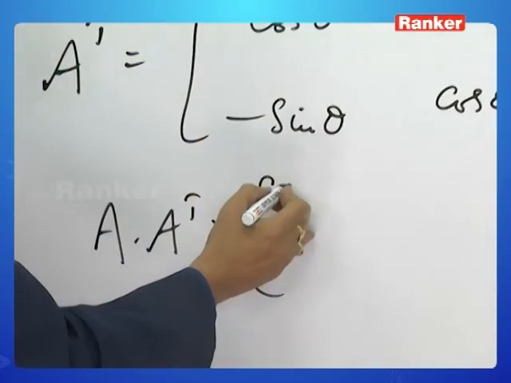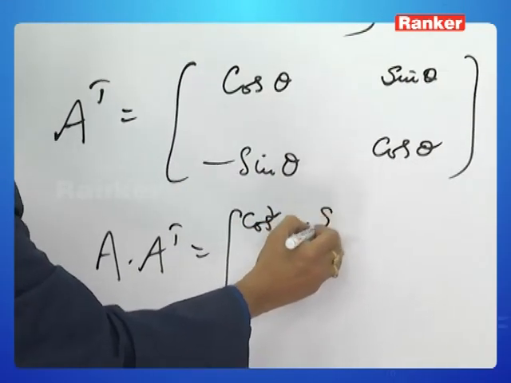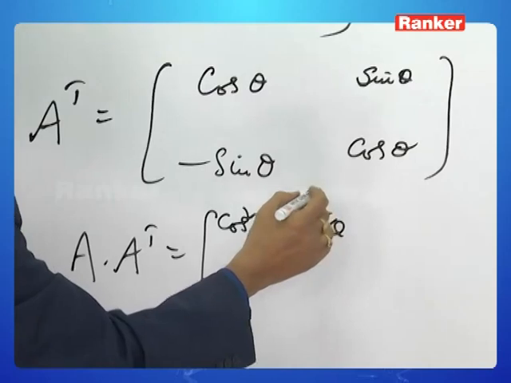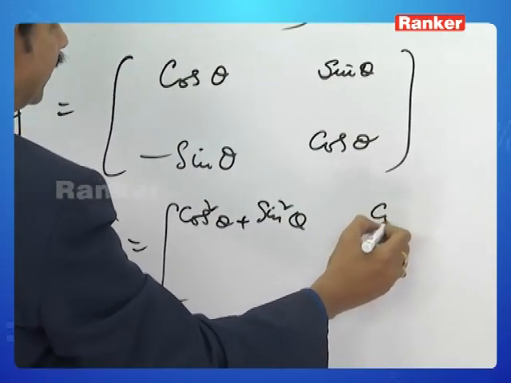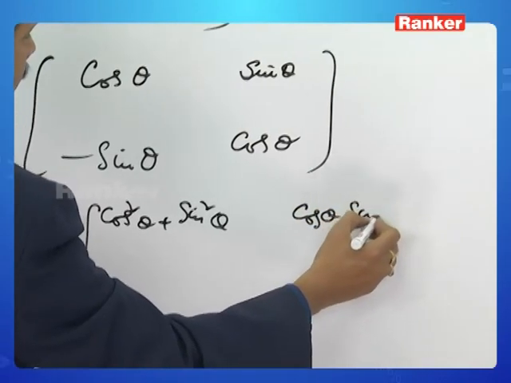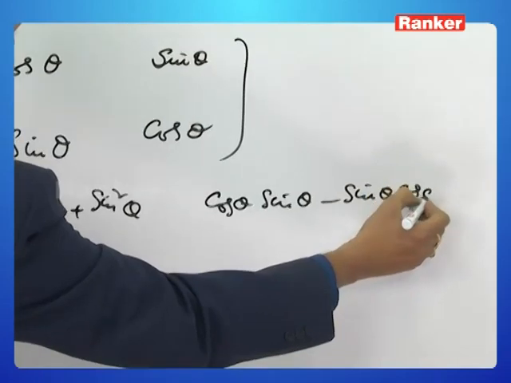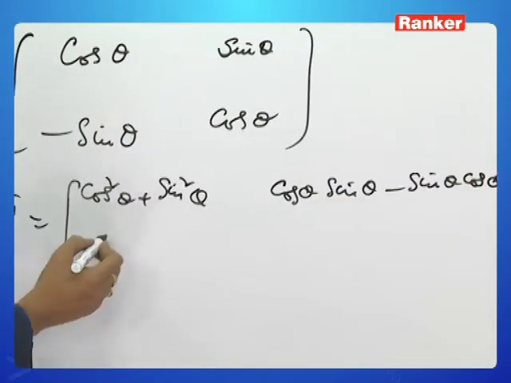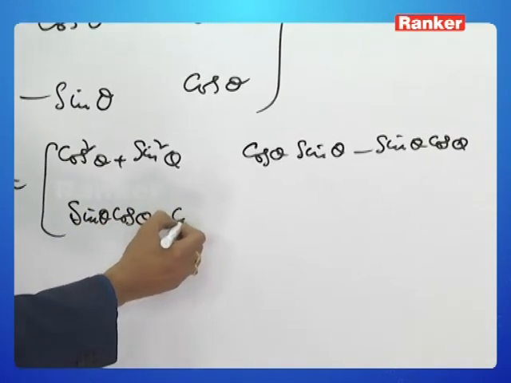Cos theta into cos theta, cos square theta, minus sin theta into minus sin theta, plus sin square theta. First row, first column is over. First row, second column: cos theta into sin theta, cos theta sin theta, minus sin theta cos theta. Second row, first column: sin theta cos theta, minus cos theta sin theta.